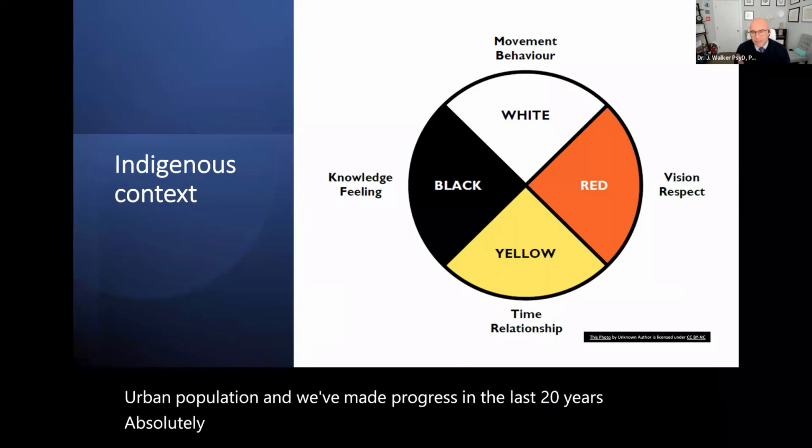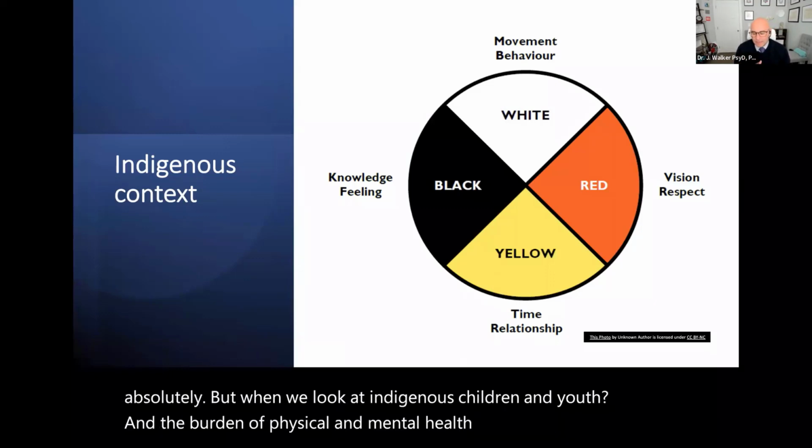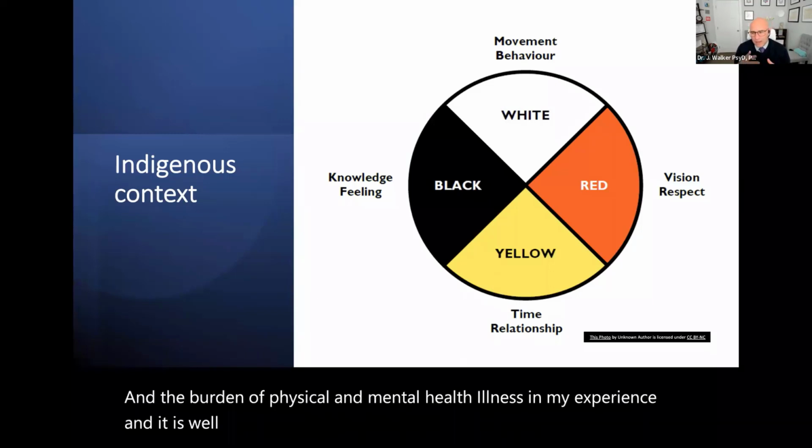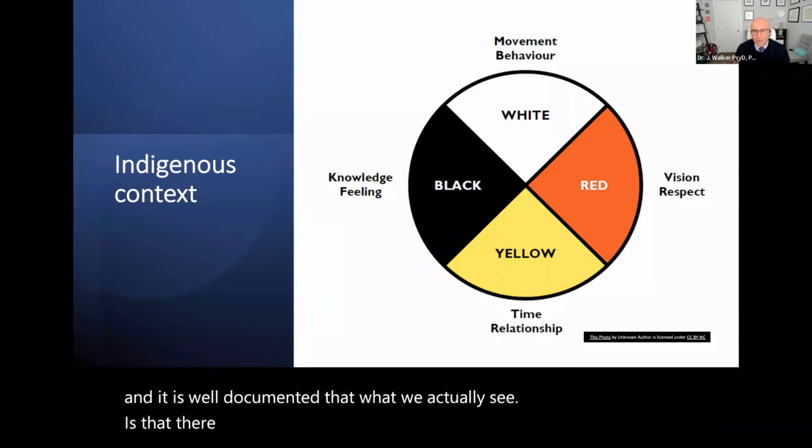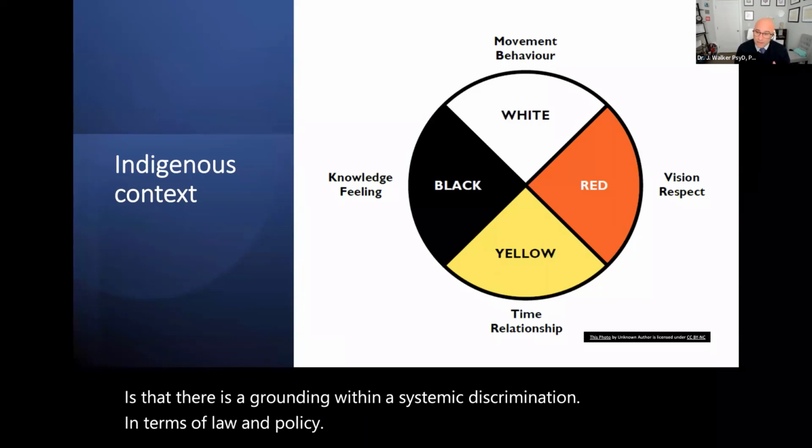But when we look at Indigenous children and youth and the burden of physical and mental health illness, in my experience, and it is well documented, what we actually see is a grounding within a systemic discrimination in terms of law and policy impacting Indigenous people.